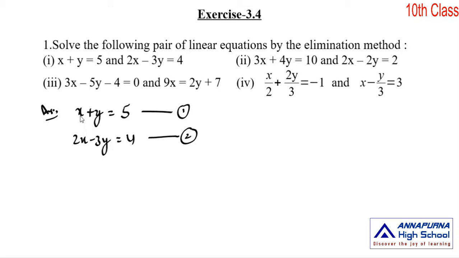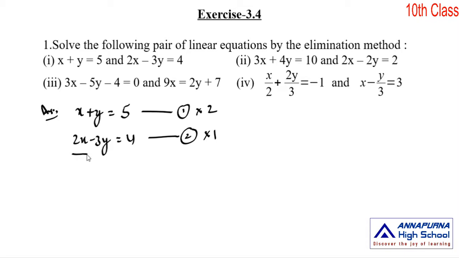To eliminate the variable x from the two equations, simply multiply the first equation by the coefficient of x in the second equation and multiply the second equation by the coefficient of x in the first equation. Here the coefficient of x in the first equation is 1, so multiply the second equation by 1. The coefficient of x in the second equation is 2, so multiply the first equation by 2.